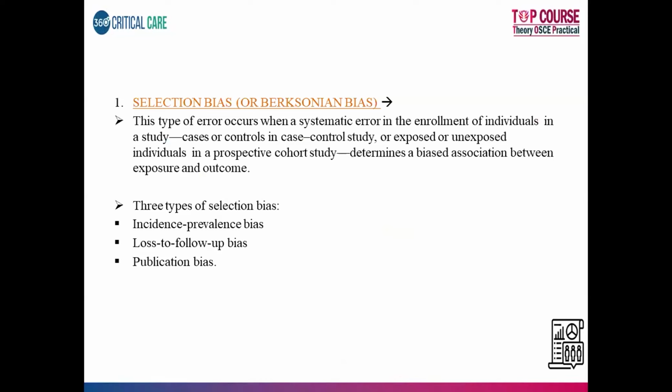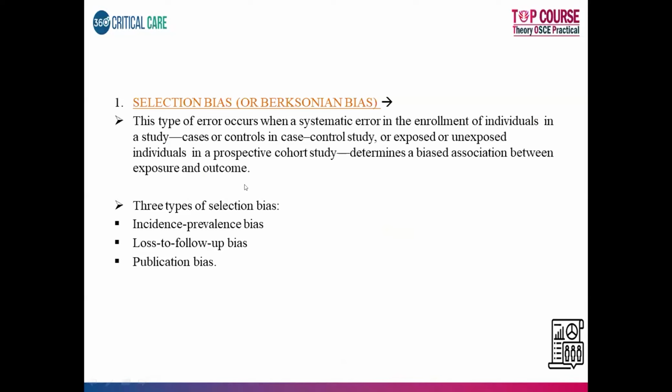So the first one would be the selection bias, also known as Berksonian bias. This type of error occurs when there is a systematic error in the enrollment of individuals in a study, either cases or controls in a case control study, or exposed or unexposed individuals in a prospective cohort study, which determines a biased association between exposure and outcome.